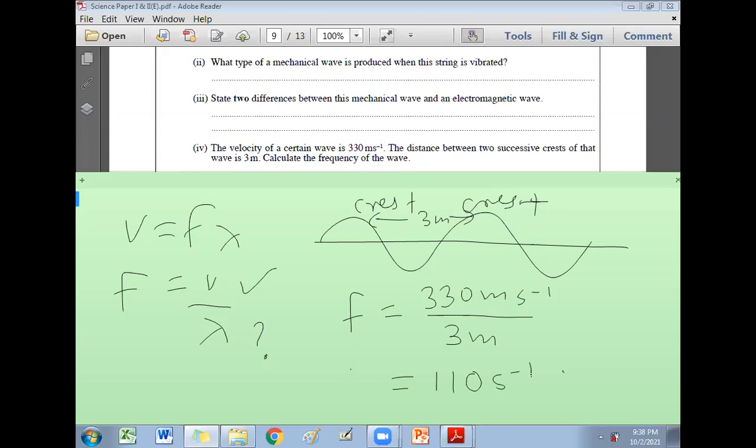Per second, meters cancelled, so per second means what? 110 hertz. Be careful. Sometimes they can give this in centimeters.